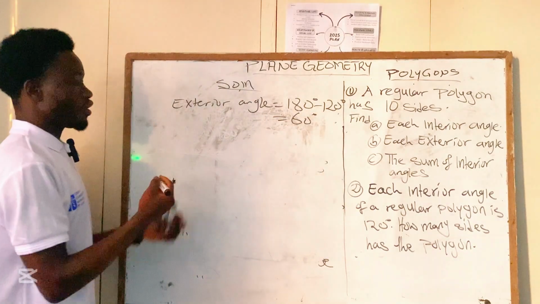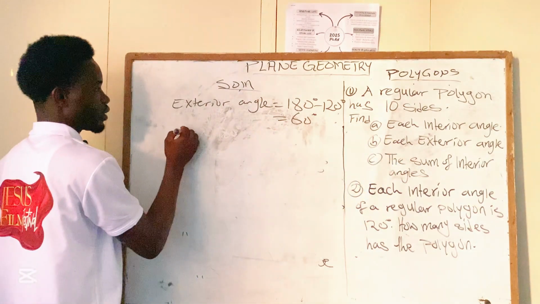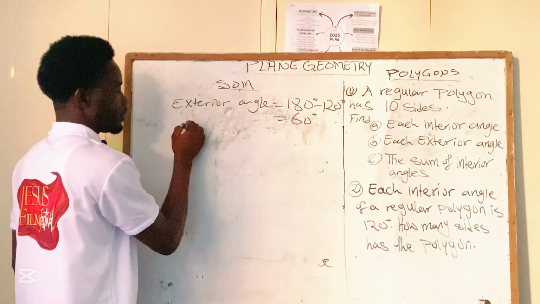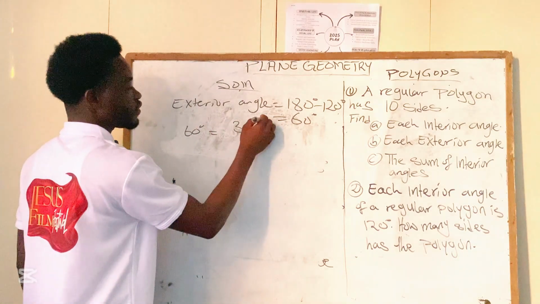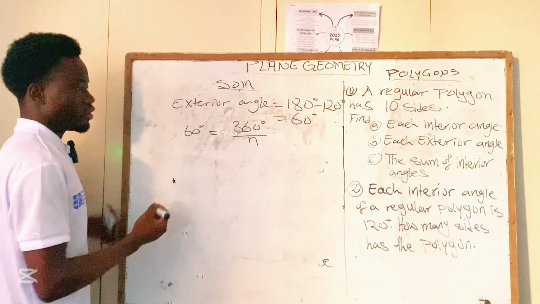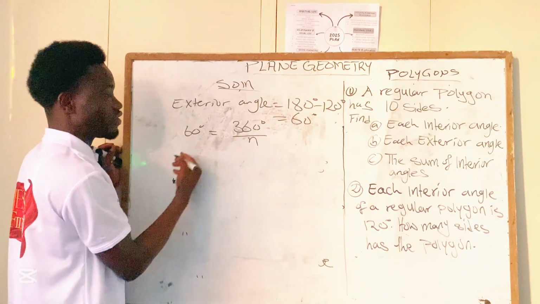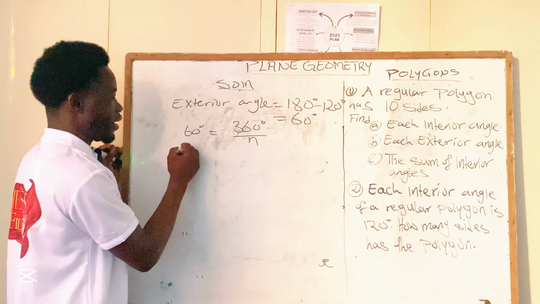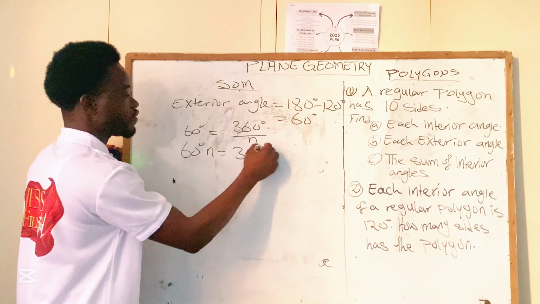And I can use that to get the formula. But we know that each exterior angle here is equal to 360 degrees divided by n. Alright? Each exterior angle is equal to this. And we know the exterior angle now is 60 degrees. So I multiply through by n. So I have 60 degrees multiplied by n is equal to 360 degrees.